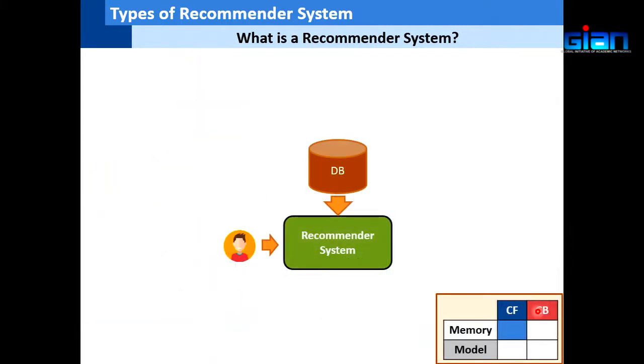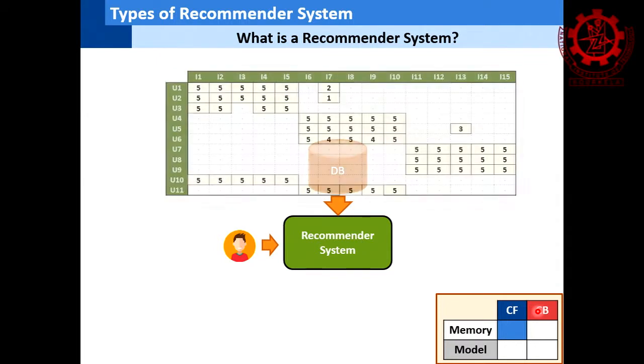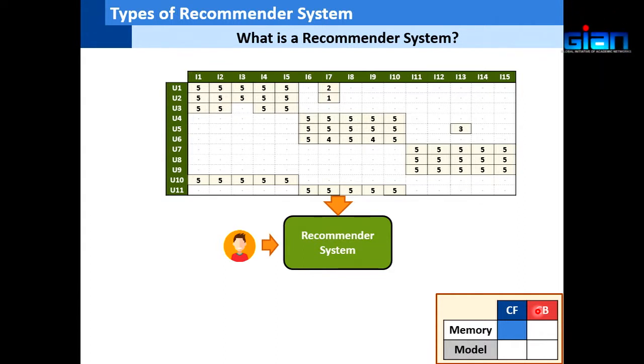So in this case, the input of the recommender system is this table, in which we express the rating that the users have made on the items. And just imagine that we have this user who has rated these items.